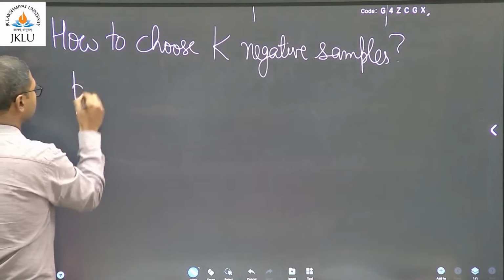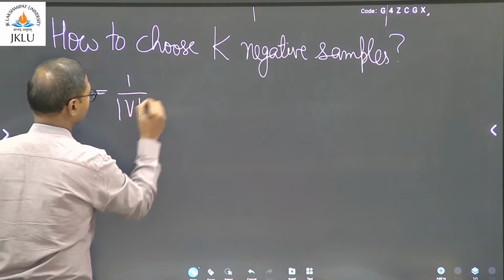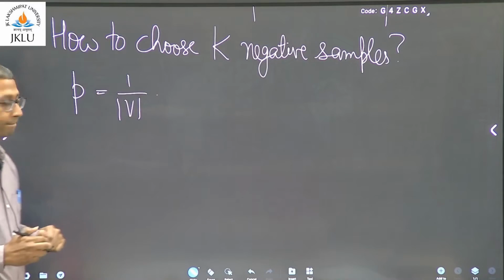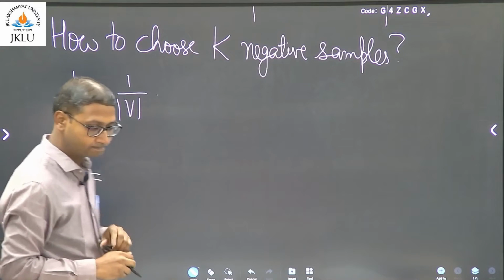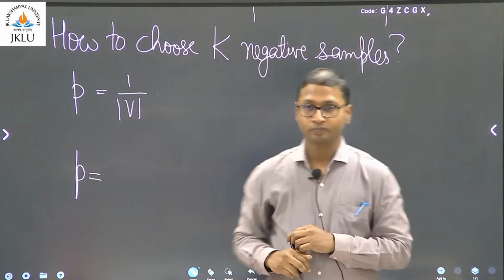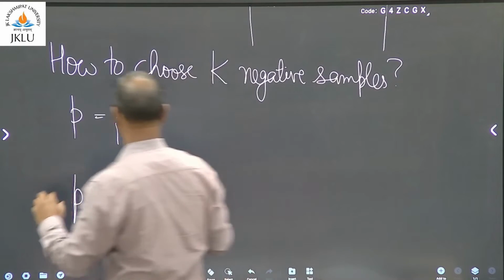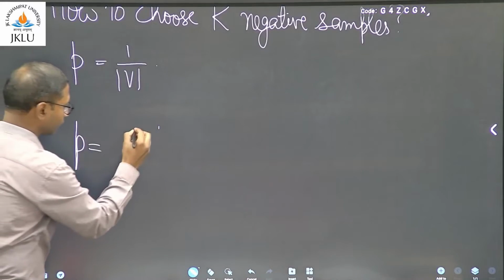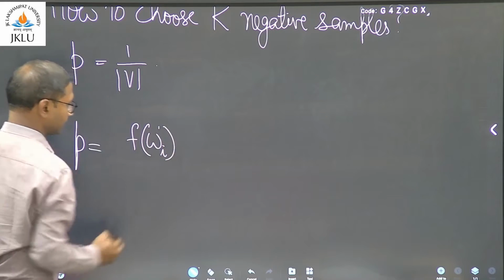So one is probability equal to 1 over mod v, and another one is probability equal to, so now let's say frequency. Let's say frequency of word wi is this.